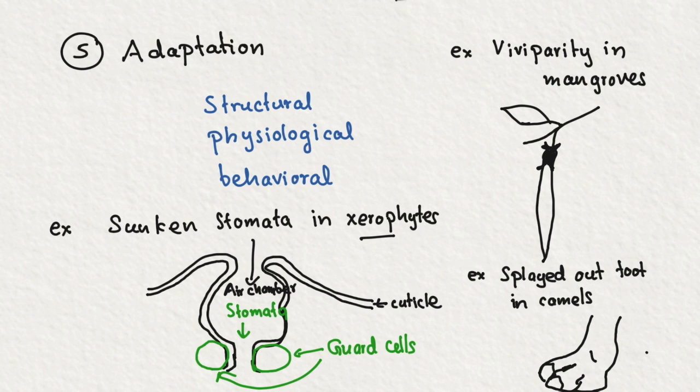Right, then the next one, reproduction. So the organisms have the ability to produce offspring for continuous existence of species.